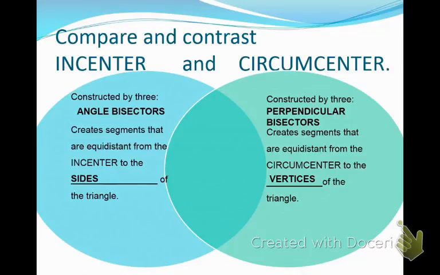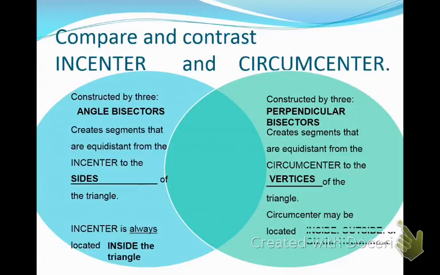So that's the differences. The incenter is always located where in the triangle? The name tells you. Inside the triangle. The circumcenter may be located outside, if it is an obtuse triangle.